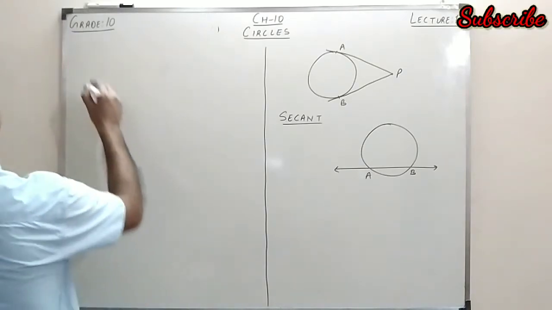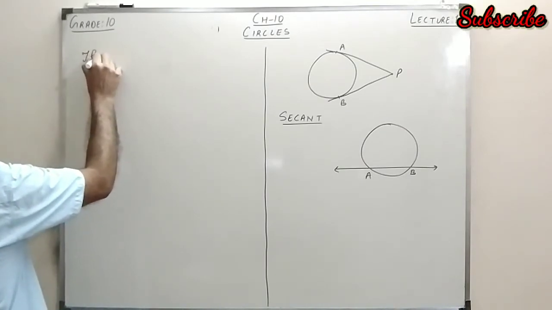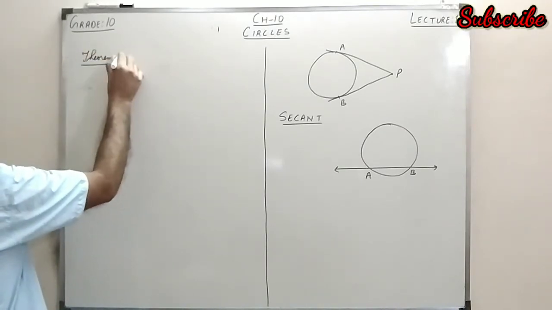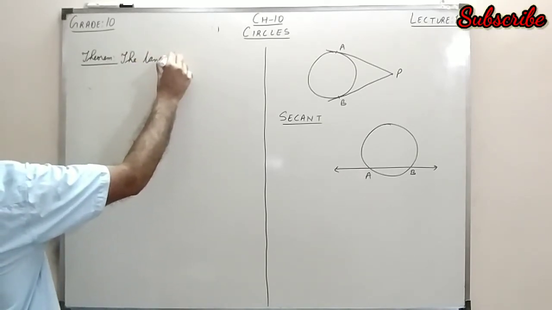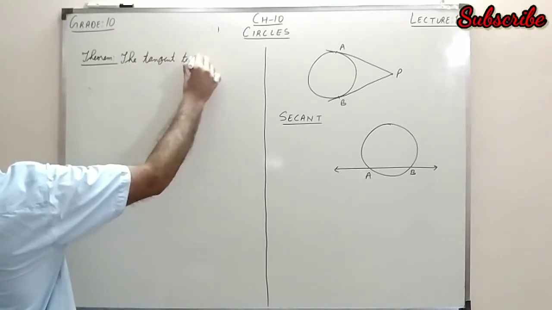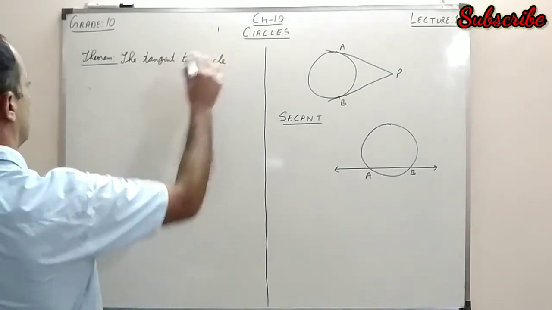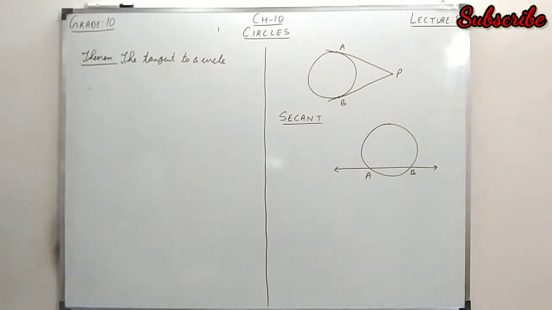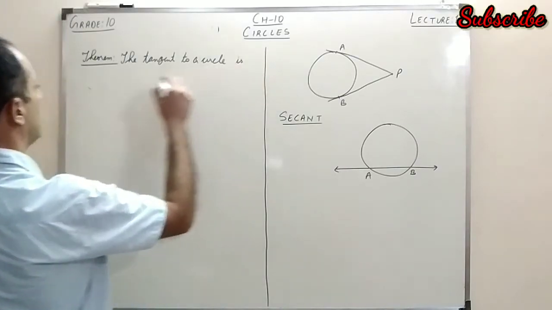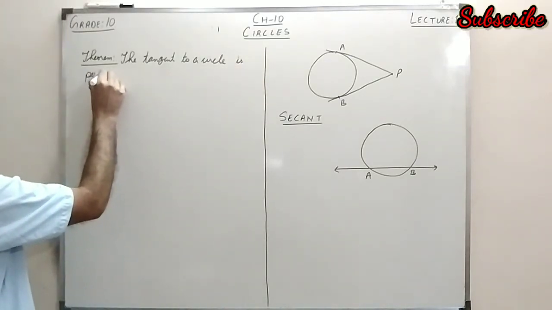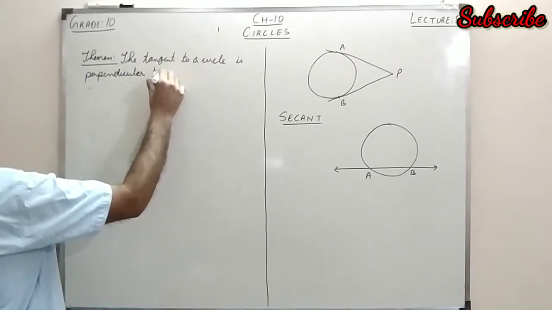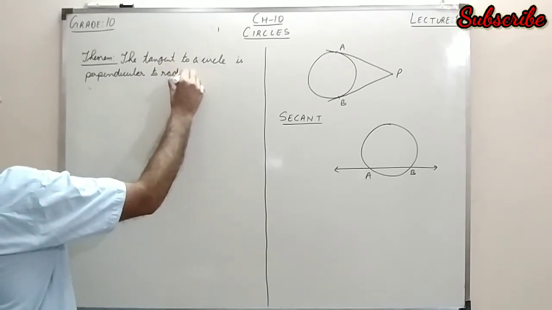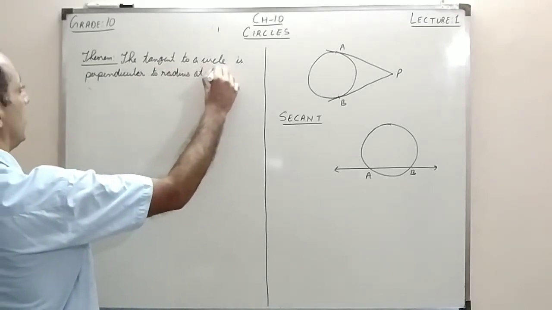It's given that the tangent to a circle is perpendicular to the radius at the point of contact.